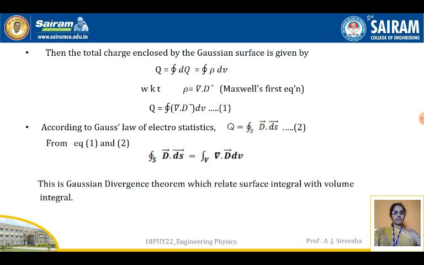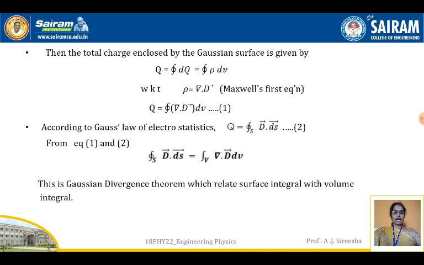So the total charge enclosed by the Gaussian surface, Q, is equal to integral of del dot D dV. Substituting the value of rho into the above equation Q is equal to integral of rho dV, we get equation 1.